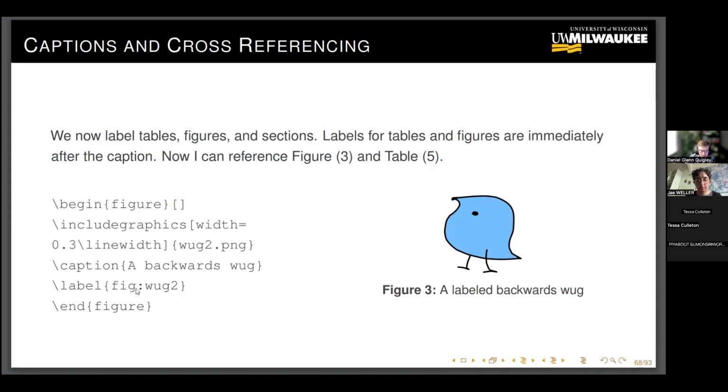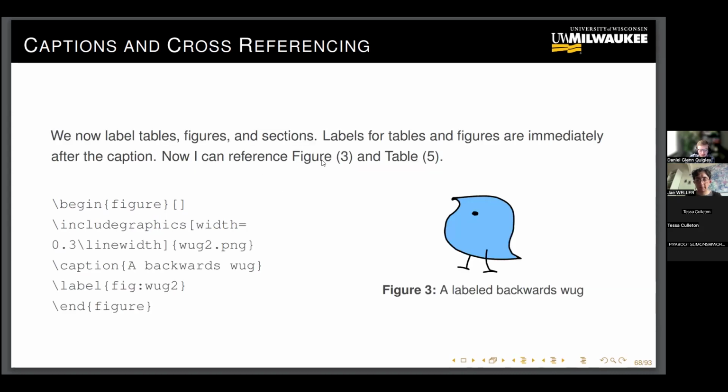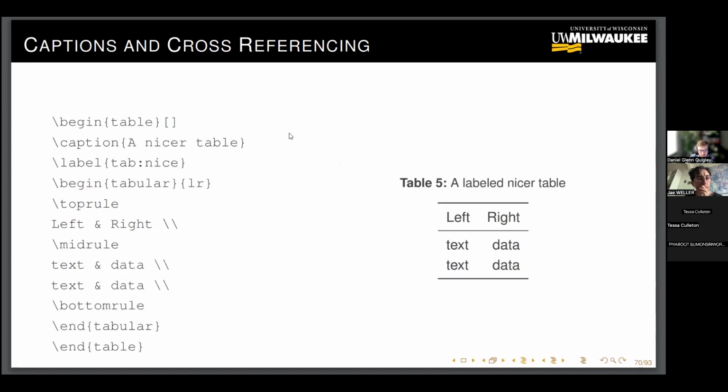I just tell it, hey, I'm labeling my wug as wug2, and then in my text, I just tell it to find figure wug2. And that'll link up throughout the document. I can do that with sections, label a section, and it's the same principle with tables.